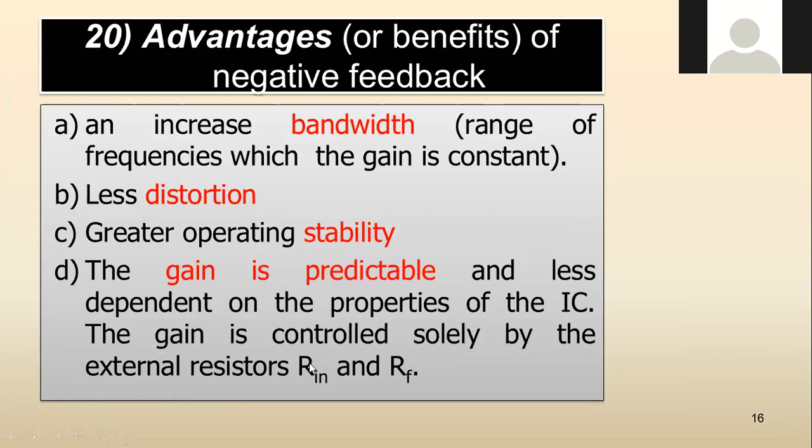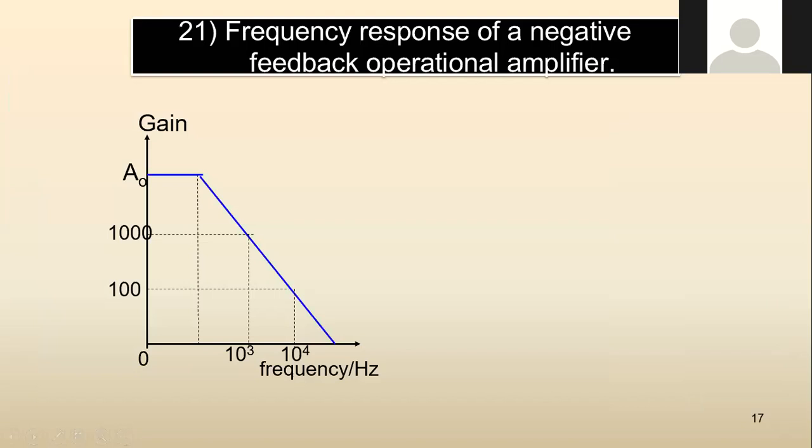This is the input resistance. This is the feedback resistance. Let's look at the gain. We can feed into the op amp a fixed amplitude and change the frequency, and then we can measure the output voltage.